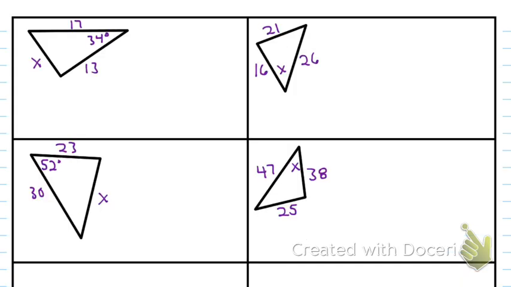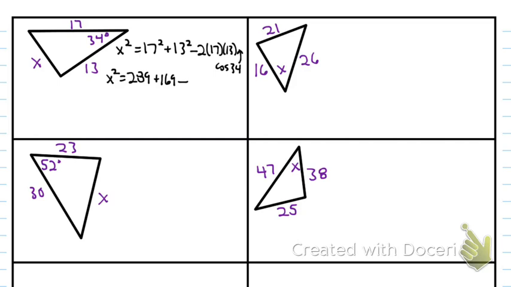All right, let's do a couple more. The first one is a side-angle-side. So x squared equals 17 squared plus 13 squared minus 2 times 17 times 13 cosine 34. 17 squared is 289, and 13 squared is 169. We subtract 17 times 13 times 2, which is 442 cosine 34.